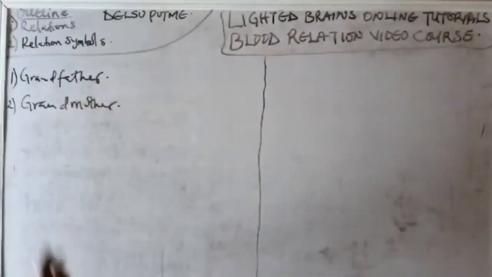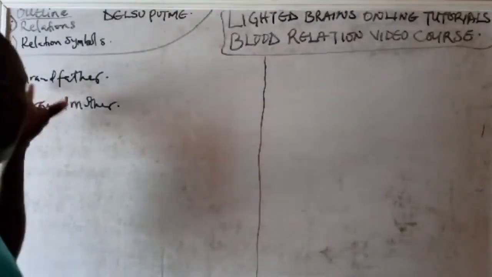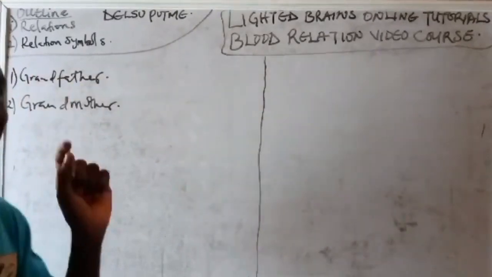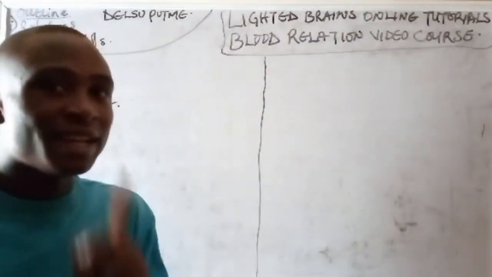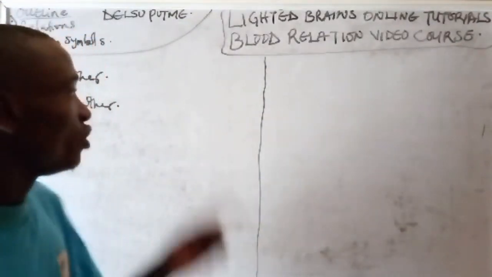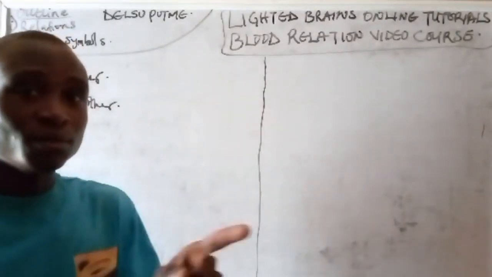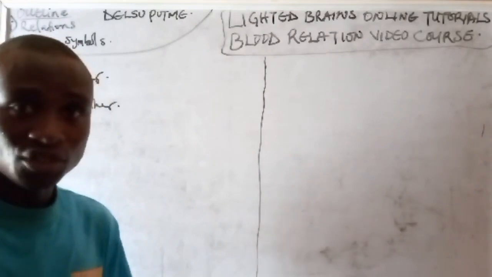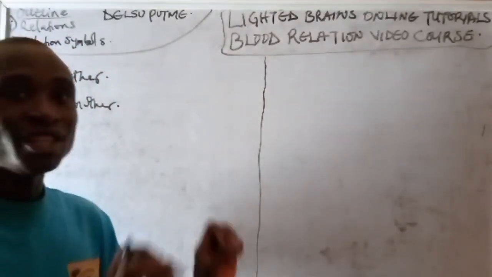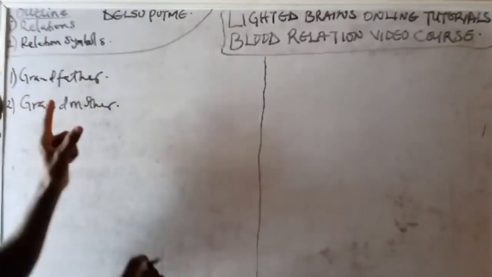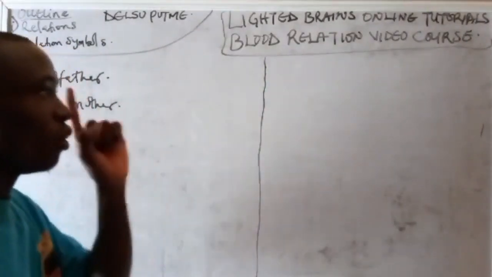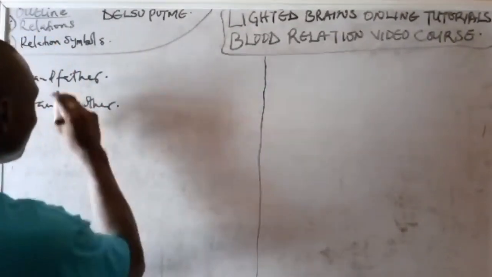Now, if your grandfather is from your dad's side, your dad's father is your grandfather, and your dad's mom is your grandmother. But you need to specify it and make it specific. If your grandfather is from your dad's side, you call it paternal grandfather.